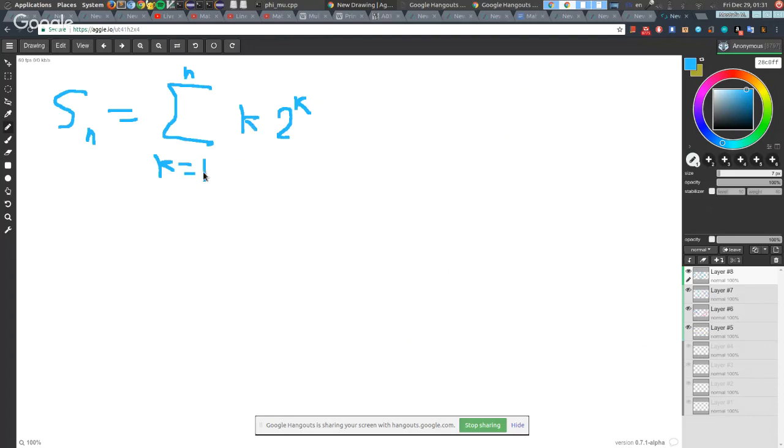In this example we can also put the k equal to 0. It doesn't matter what we put here. We can just make it 1 for simplicity. Okay, so we can try to solve this summation in two different ways. The first is we take the last term out, so it would be something like that.